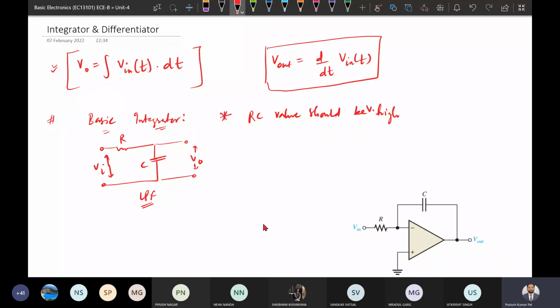If we want an efficient integrator, we should have a very high RC value, and also, for linear charging and discharging, the current should be constant.